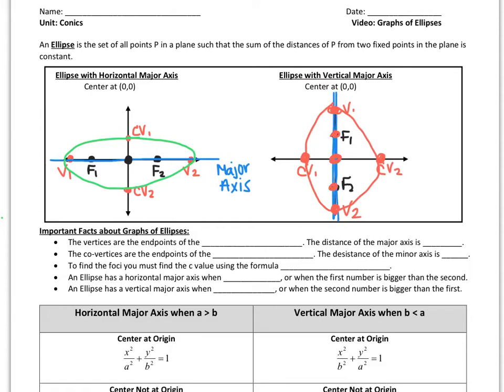Okay? So we say that the vertices are the endpoints of the major axis. So here's my major axis, and here are the endpoints of that major axis.